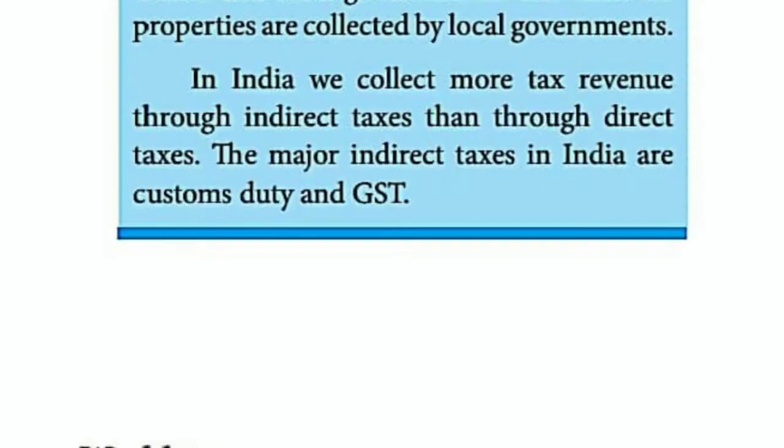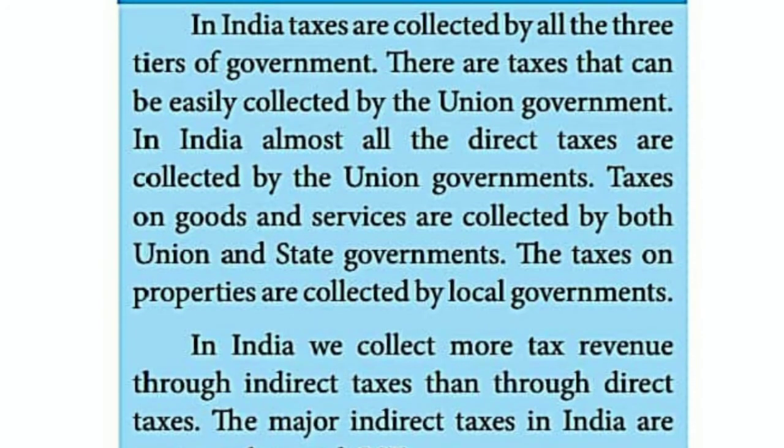Okay, yes. The next one, given on page number 323, children. There is one blue color box. It's very, very interesting. The government is collecting taxes at 3 levels, 3 tiers, like that it is given. 3 tiers means 3 levels, the ways in which the Indian government is collecting taxes.